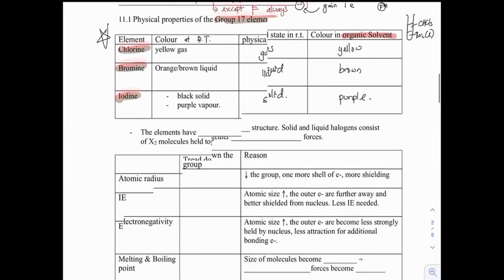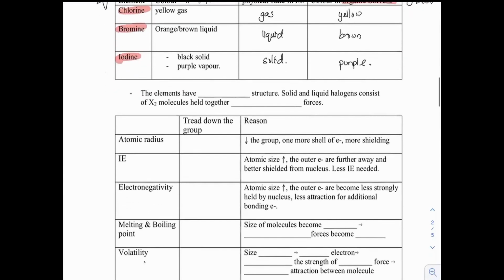Okay, now let's move on. The elements have simple molecular structure. Solid and liquid halogen consist of X2 molecules held together by van der Waals forces.